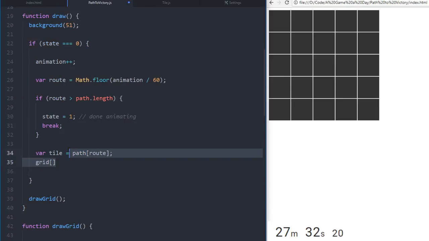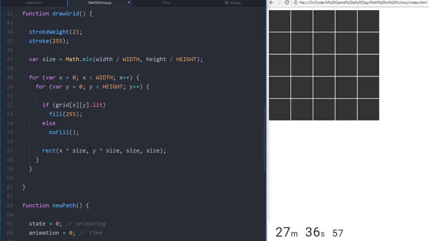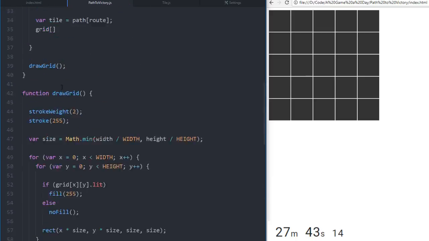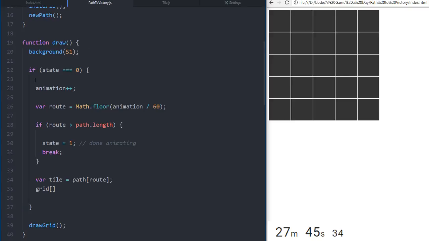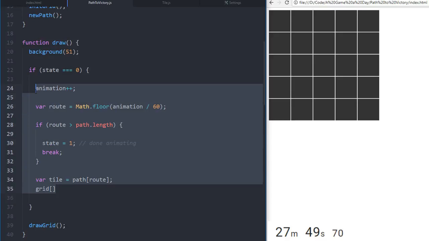I'd like to not continue. Here, we'll say animate. We have a draw grid, function animate equal, there we go. We'll copy this here. If state equals 0, animate.